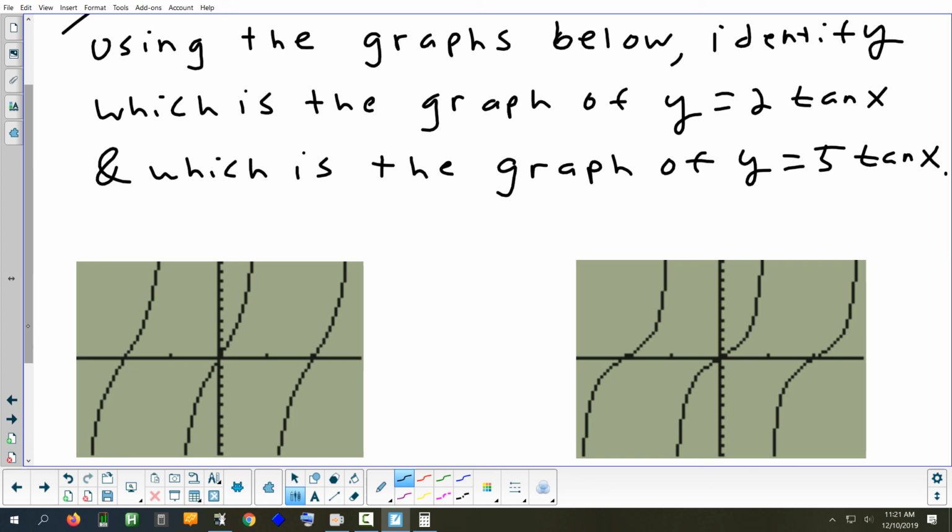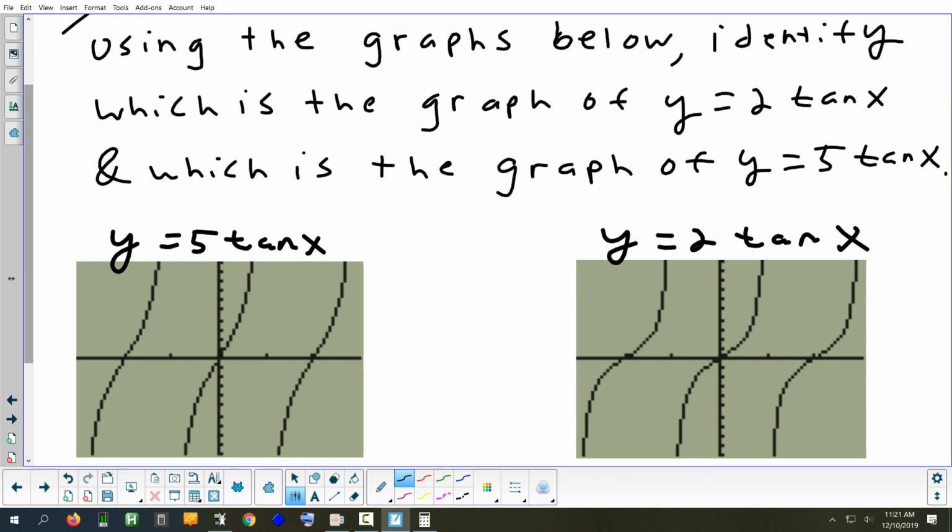So the 5 is stretched vertically more than the 2. Which graph, the one on the left or the one on the right, is stretched more vertically? The left, right? Because the more you stretch out tangent, the straighter the curve starts to get. So this is 5 tan x, and this is 2 tan x.